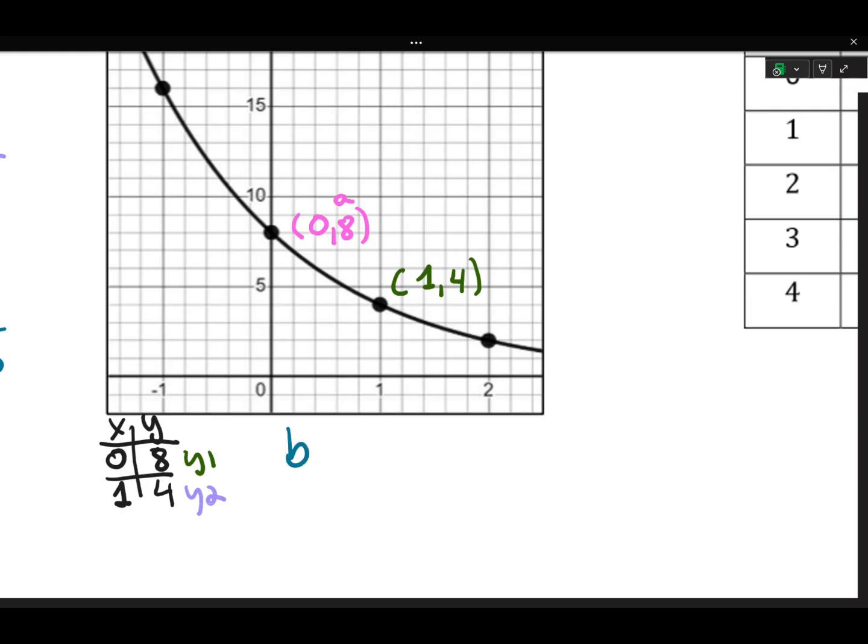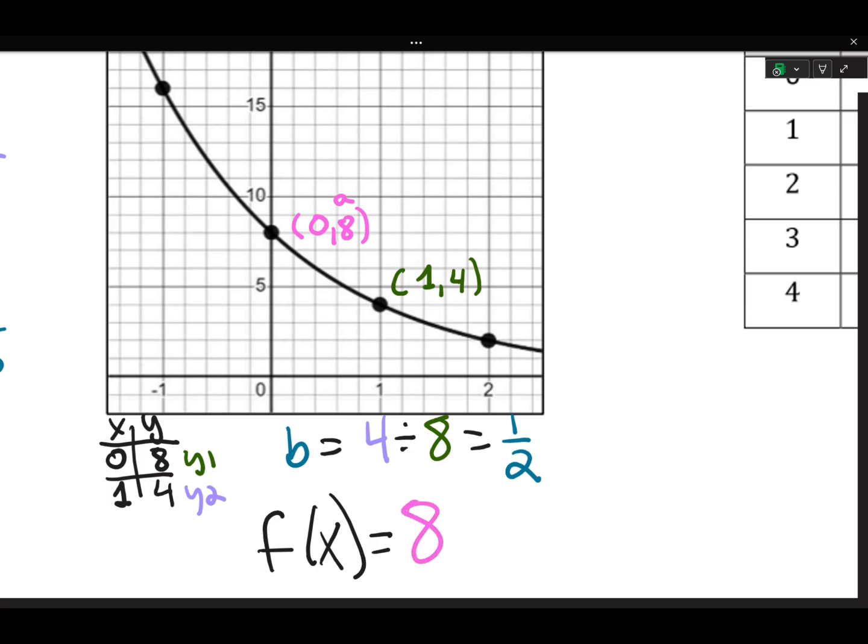So in order to find b, I'm going to do 4 divided by 8, which gives me 1/2. So the function for this graph is f of x equals 8, because that was our y-intercept, times 1/2, because that was our pattern, to the power of x.